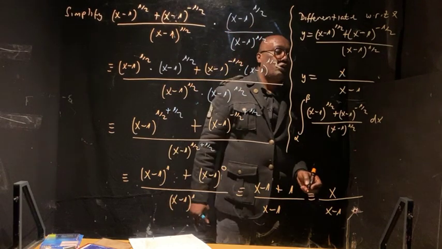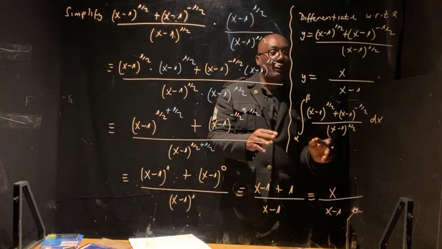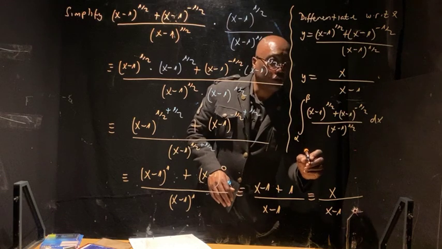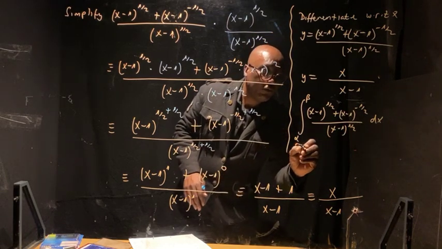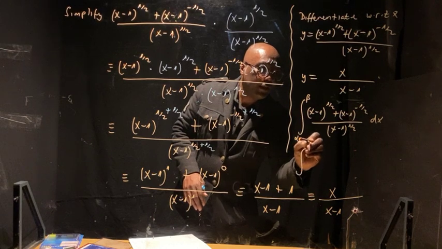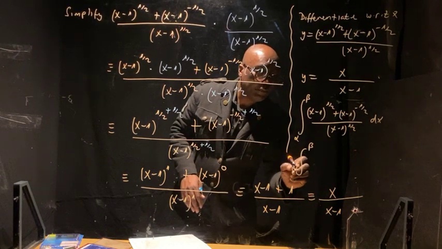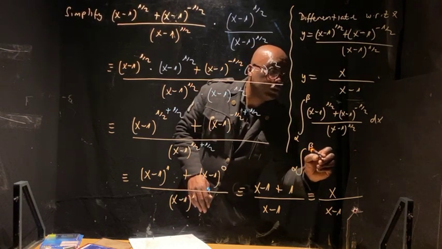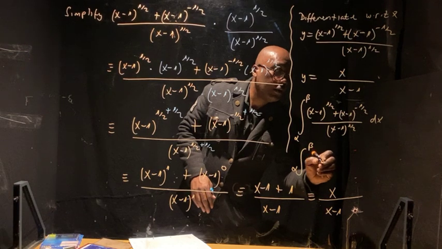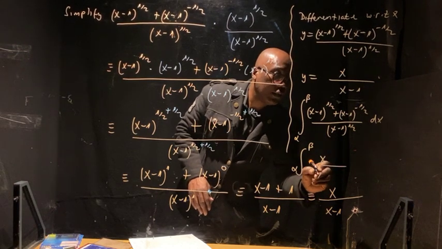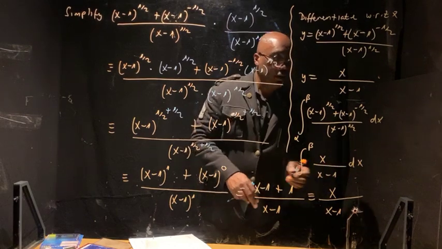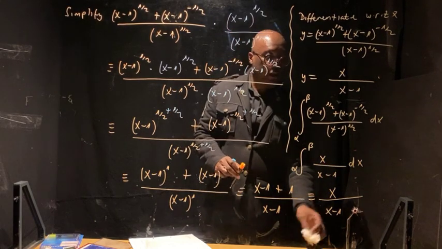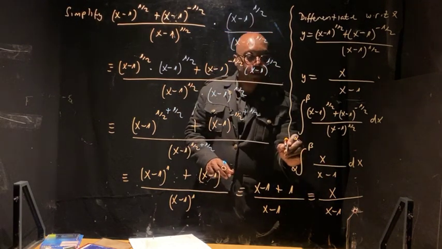This can be strange, not until you clean up everything and you conclude that this integral is no different from the integral from alpha to beta of x over x minus 1 dx. Yeah, that's it.